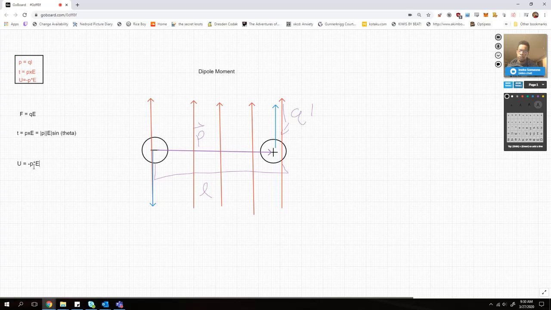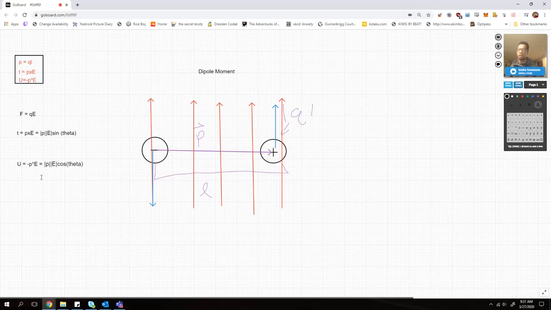But the potential energy here, in this case, is going to also be equal to P, the magnitude of P, times the magnitude of E, times cosine theta.